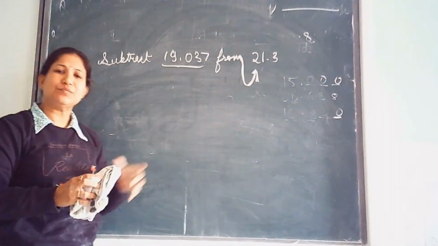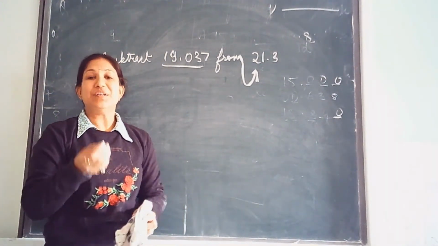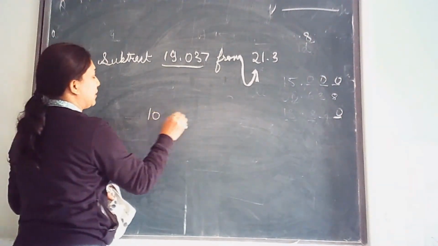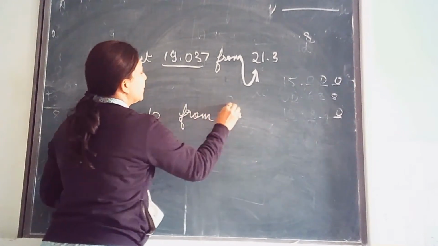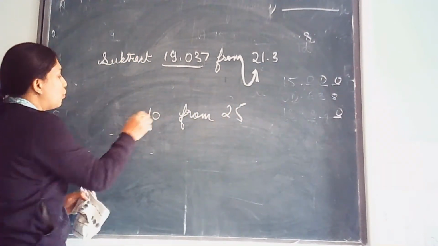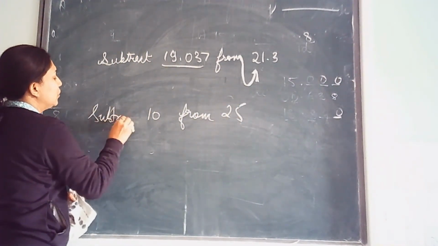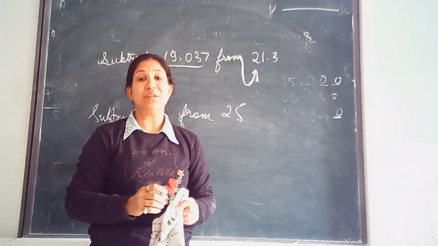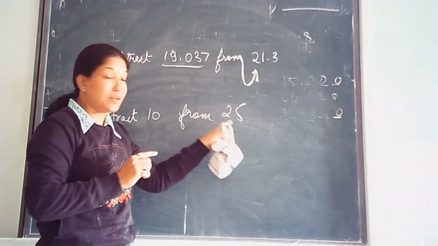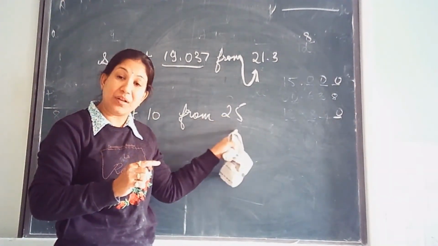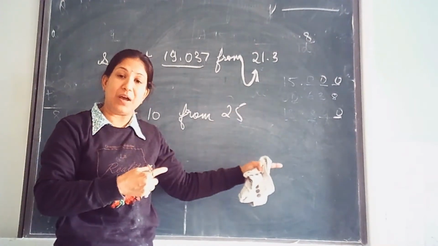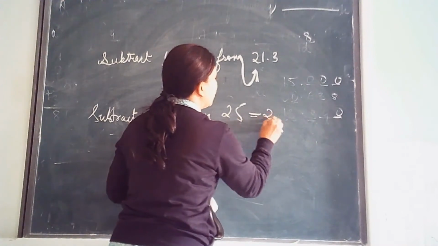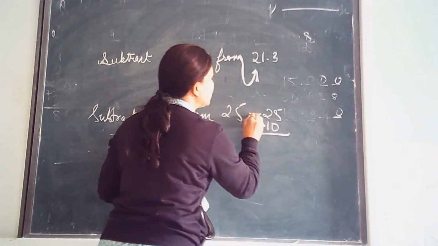This is just a small example, a trick to remember. So what is happening? Take an example: subtract 10 from 25. What I am saying is, subtract 10 from 25. What does this mean? On 25, how much do I have? 25. So from 25 you subtract 10. So when we say this, how do we write? We write 25 minus 10.